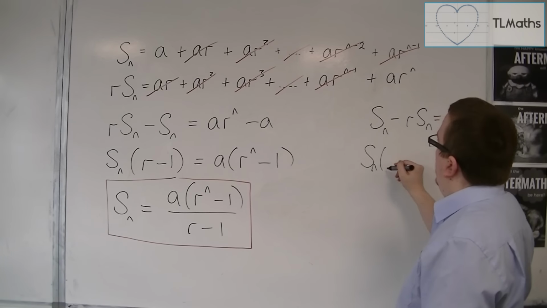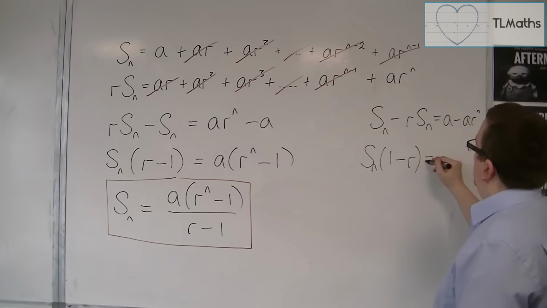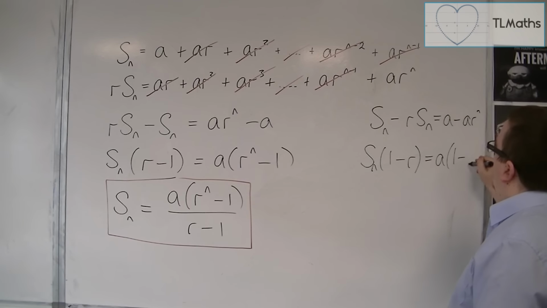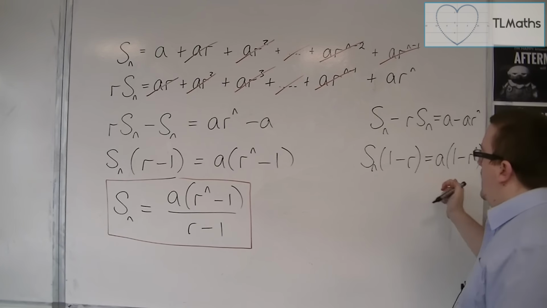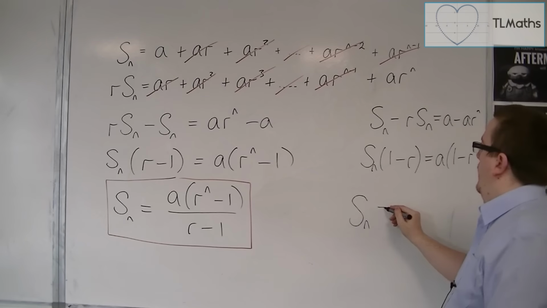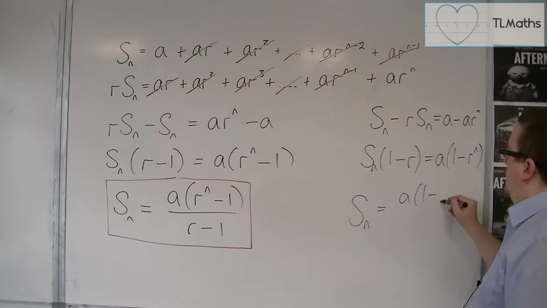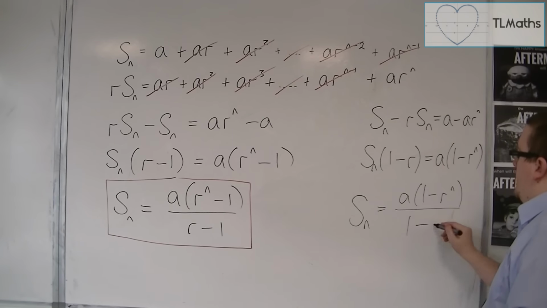Factorise both sides again, you get 1 minus r inside the bracket, and a lots of 1 minus r to the n, and then divide by the 1 minus r, and you get this formula instead.